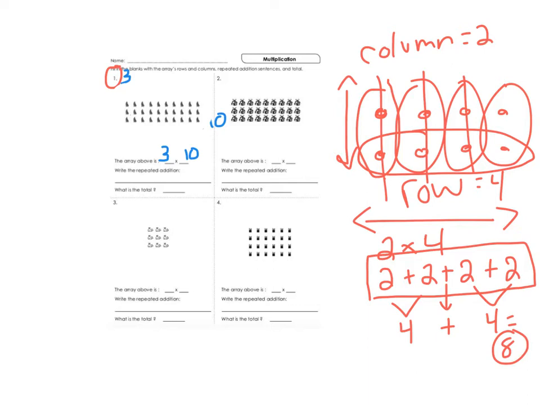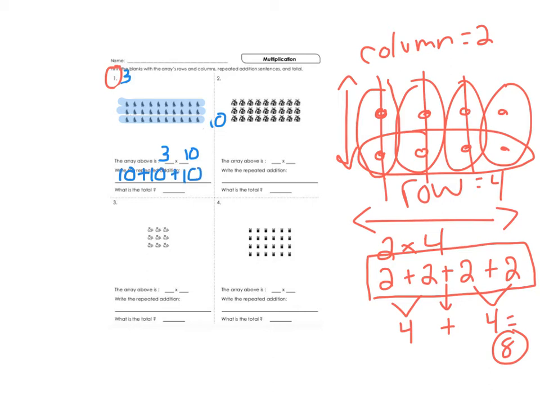Well, I have 1 group of 10, 2 groups of 10, 3 groups of 10. So that means that if I want to write it as addition, I would write 10 plus 10 plus 10.